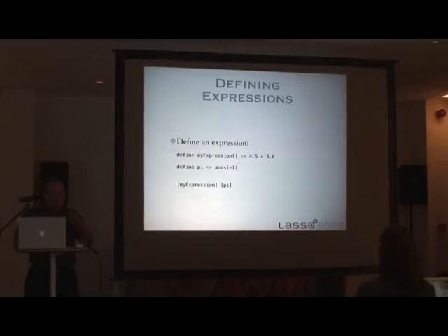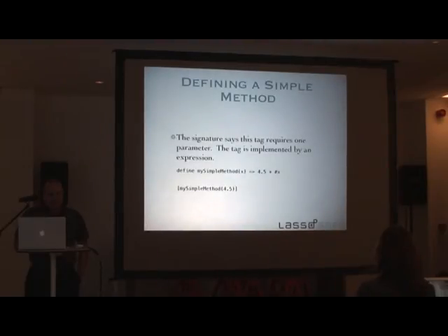So these so far are basically constants and simple expressions, and so if we want to get into more of a method which actually does something useful, I'm going to define my simple method, and here the signature finally is specified as x.